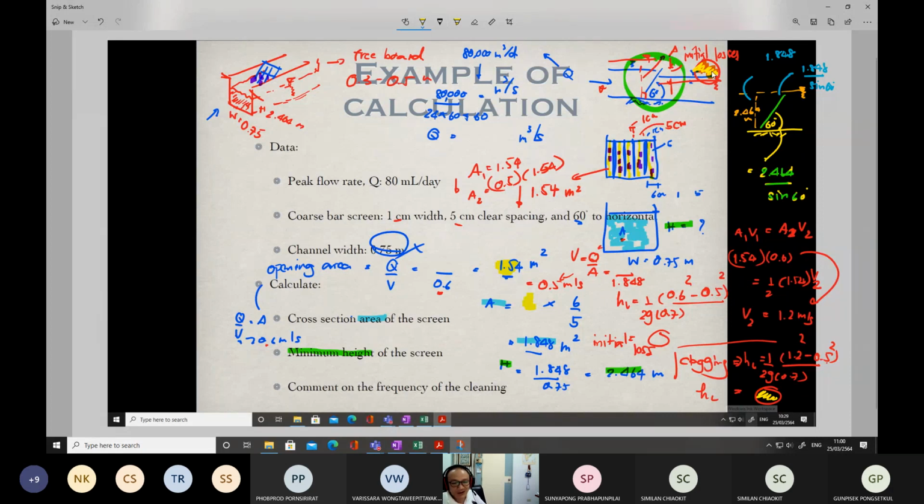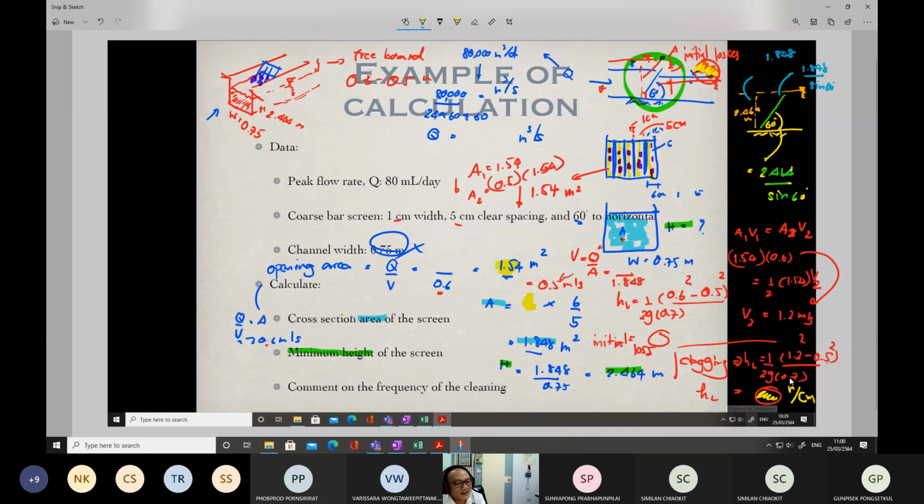So we will clean when the head loss increases up to this value, meters or centimeters, I'm not sure. Okay, so this is how we solve this example, how we solve these questions.